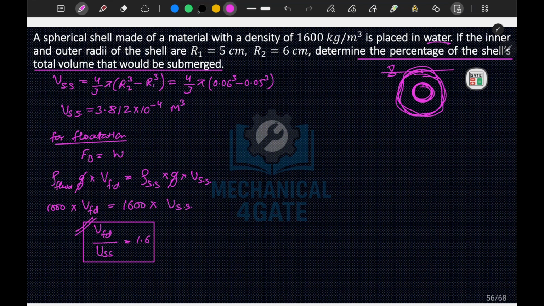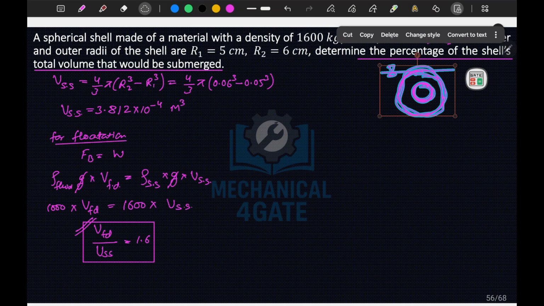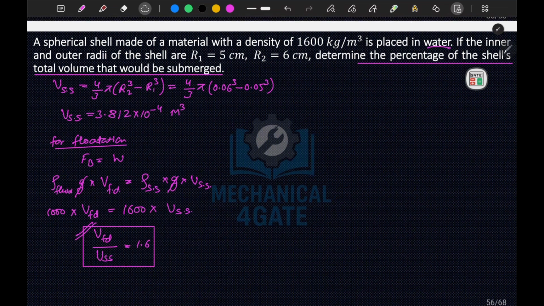Let's leave this. What I want to mention here is that it is also the percentage of total volume that would be submerged. If we talk about the percentage of the shell's total volume, this is your total volume, which will be your external dimension, external volume.